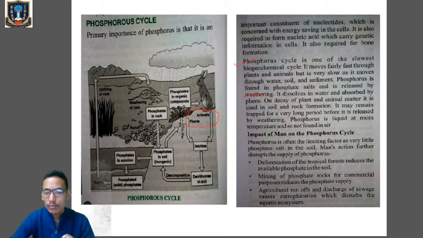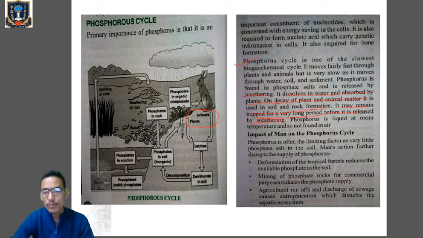It dissolves in water and is absorbed by the plants. On decay of plants or animals, it is used in soil and rock formation. So mainly in the rock also we will find the phosphate or phosphorus. Okay, it may remain trapped for a very long period of time before it is released by weathering. So simply by the process of weathering, phosphorus is released back into the atmosphere or into the ecosystem.